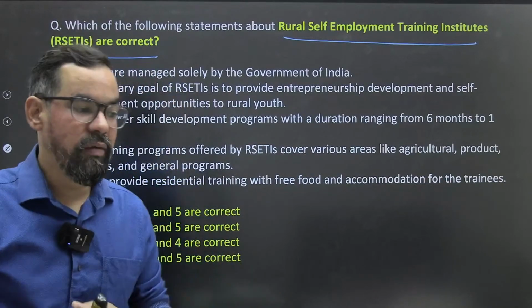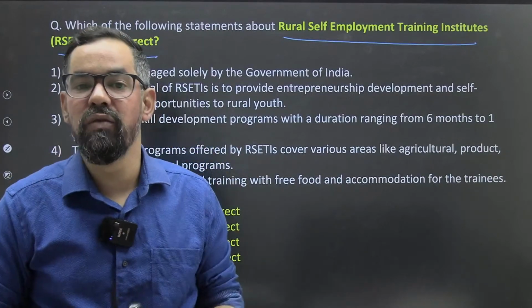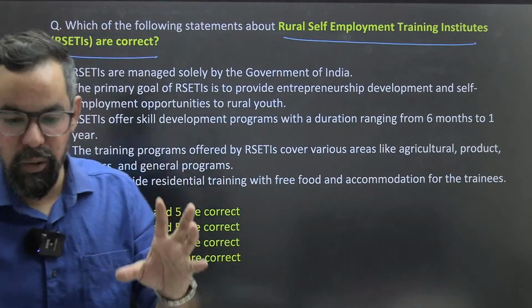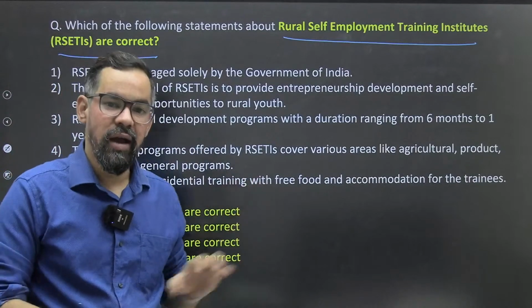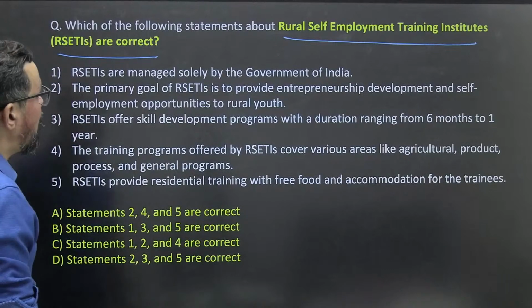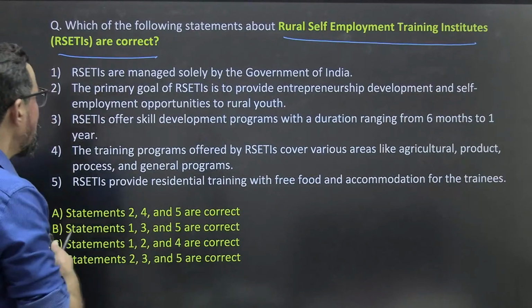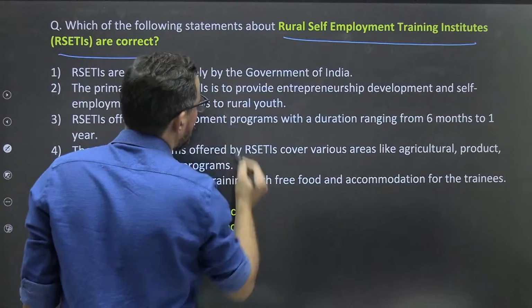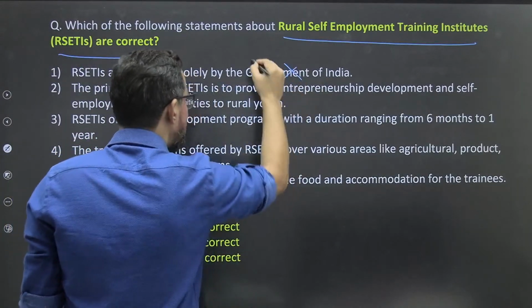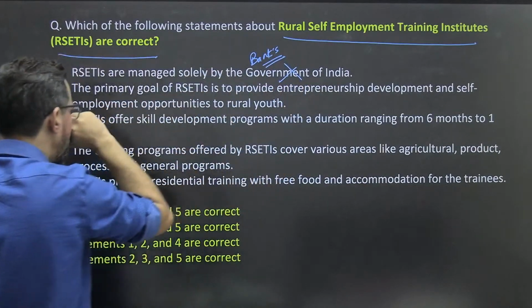We generally do that training or awareness program for 1 to 6 weeks, right? It also comes under the CSR activity of the bank itself. So, are RSETIs managed solely by the... no, they are managed by the banks, not by the government, okay.